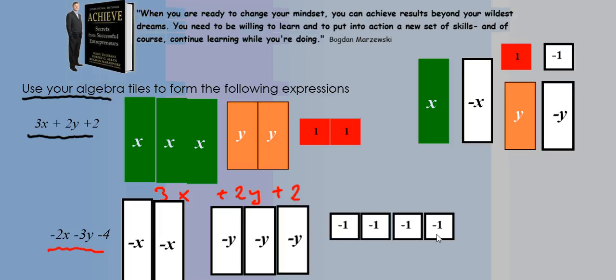It's the same size as the green x tile, but with white color. By the same token, positive y is an orange color, negative y is white, positive 1 is red, and negative 1 is a white tile. I hope this makes sense. So let's move to the next slide.